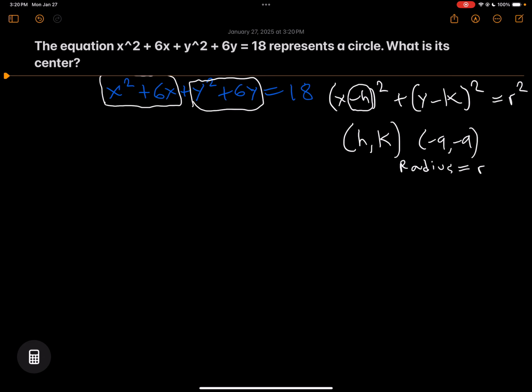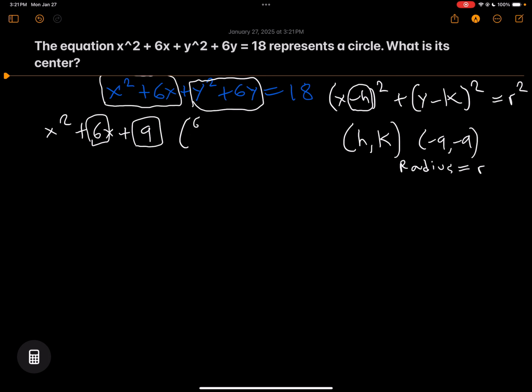So we use this technique twice. Let's start with x squared plus 6x. You might just know that we need to add a 9 here because that completes the binomial of (x plus 3) squared. But if you didn't just know that, you could use the formula (b over 2) squared, where b is the coefficient of x, in this case 6.